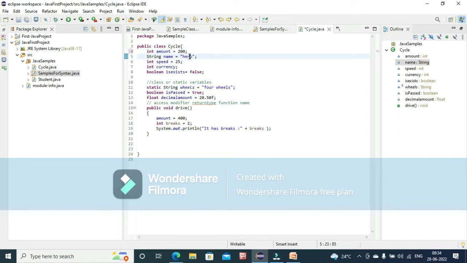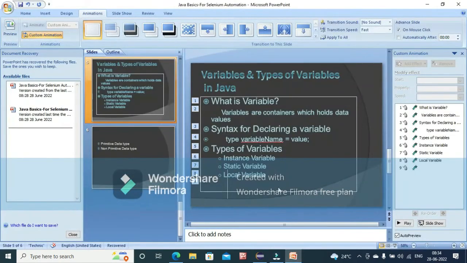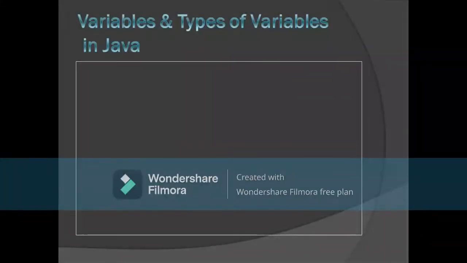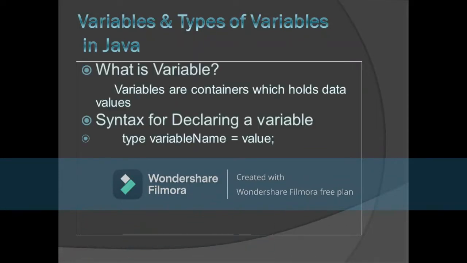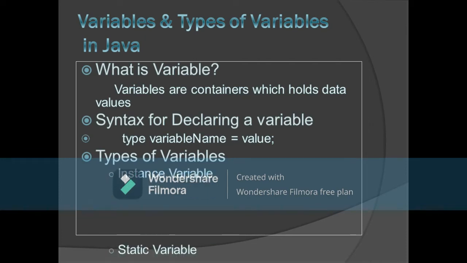Now, in Java we have three types of variables: instance variable, static variable, and local variable.